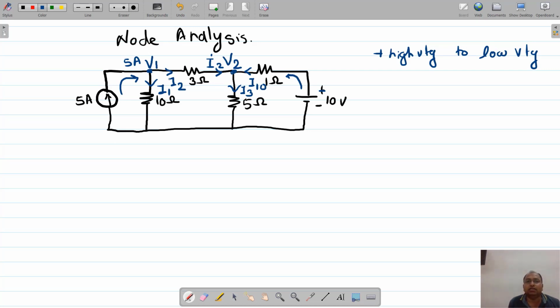Then and only then this current is going to flow from this point to V2, right? Similarly, in the other case, I10. Can I say that this 10 volt source is definitely larger than V2? Yes, it is. Then and only then this I10 can flow up to that V2 terminal. Is that fine? This is a very basic fundamental that you know very well, but still I need to clarify that.